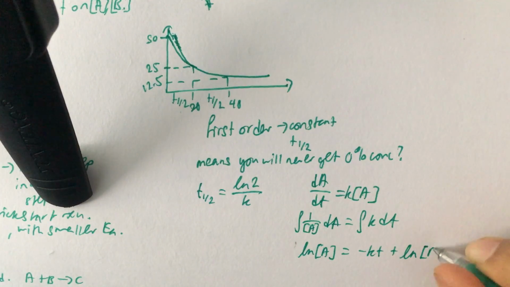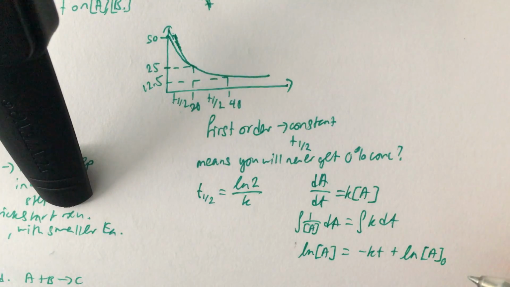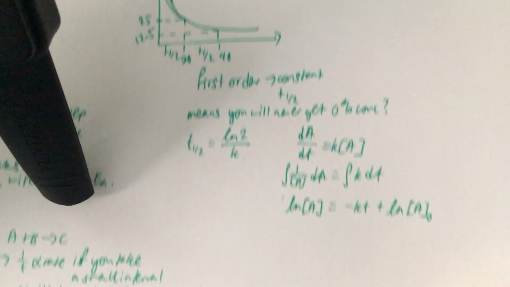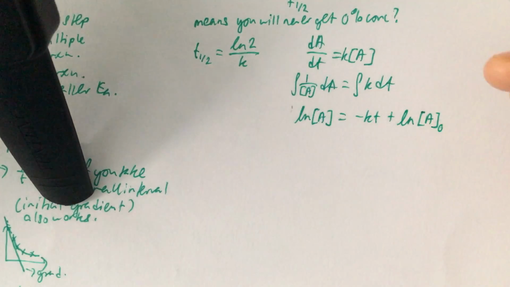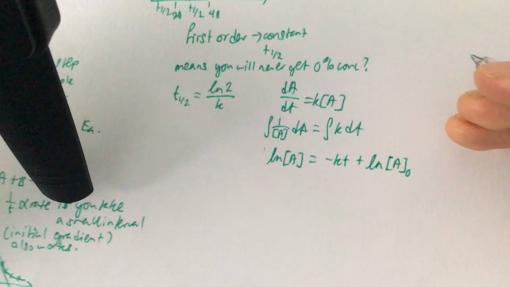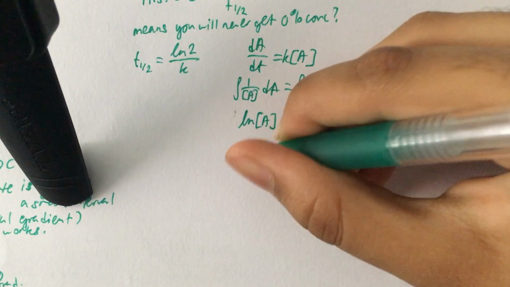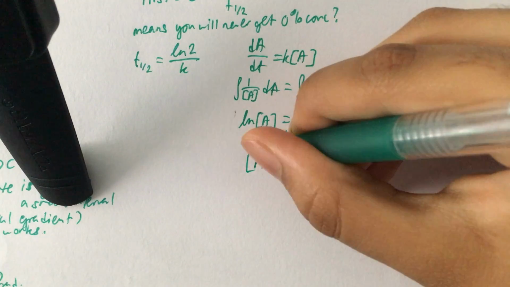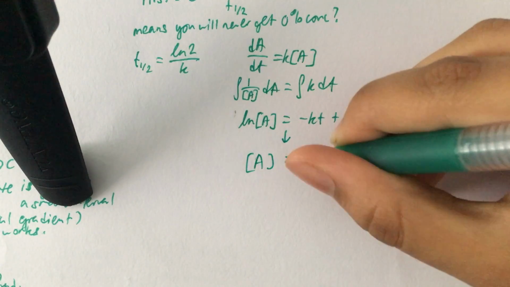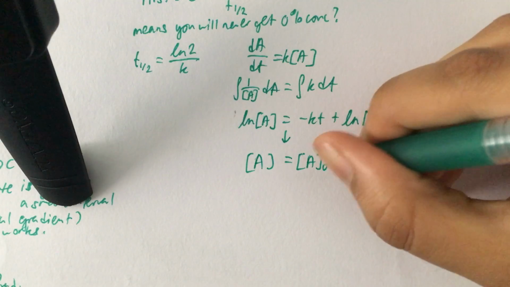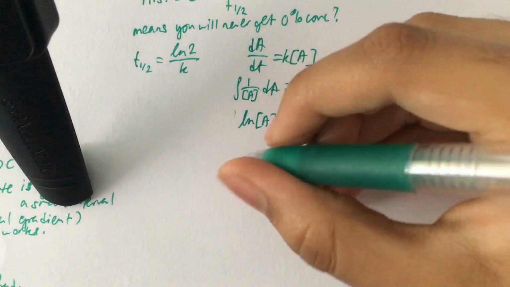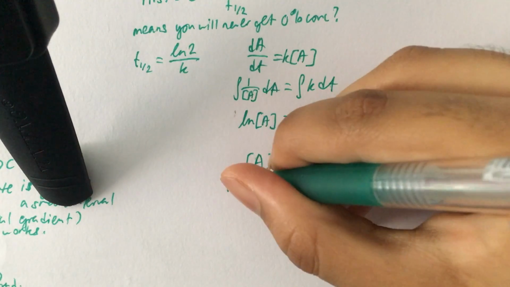Then you do the integration, like solving differential equations. If you solve the differential equation, you will find out that it is an exponential equation, and from there you can obtain that ln 2 over k is equal to your t half. That's pretty much it.